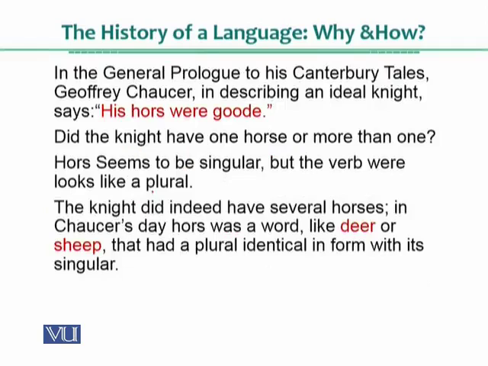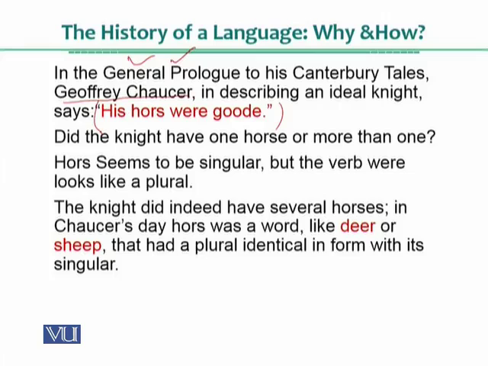Another example on the screen is from the General Prologue of the Canterbury Tales, written by Chaucer, one of the well-known Middle English poets. A line is taken here in red color: His horse were good.